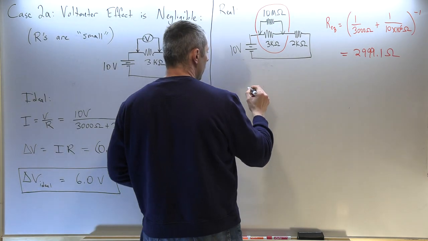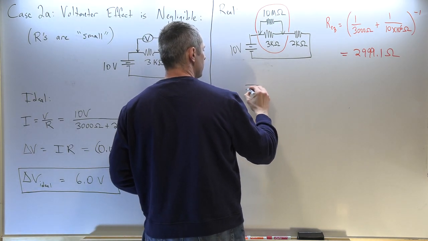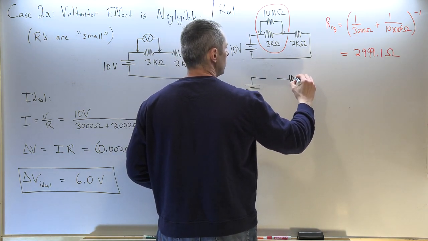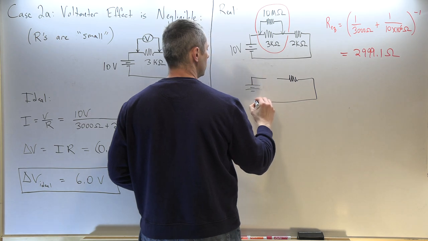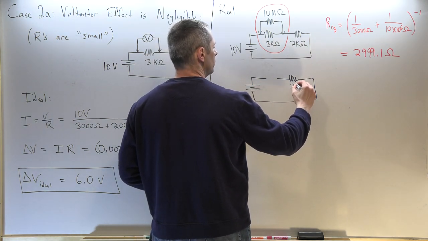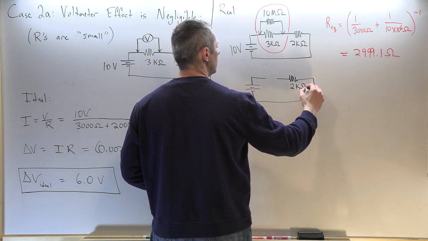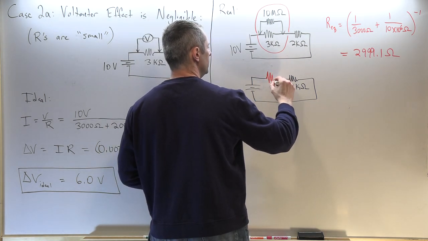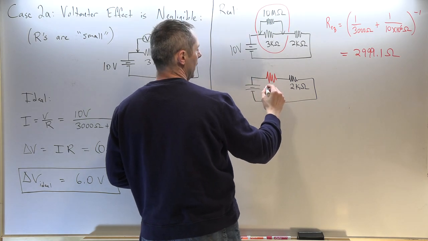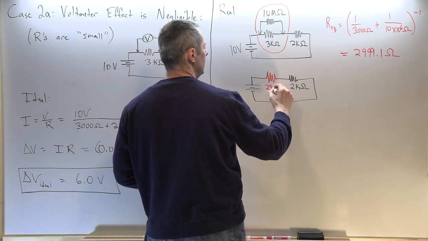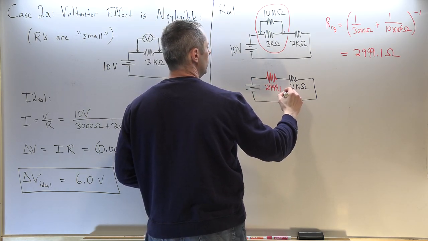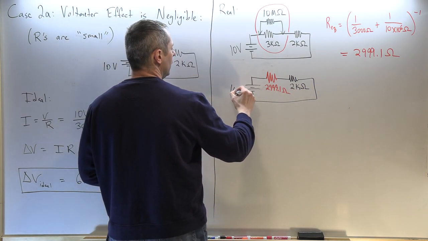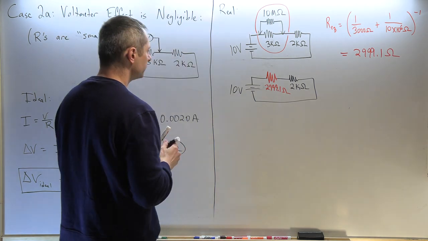So we redraw the circuit. This is still 2,000 ohms. But this now acts, because of the addition of the voltmeter, as 2,999.1 ohms. All acted on by our 10 volt battery.